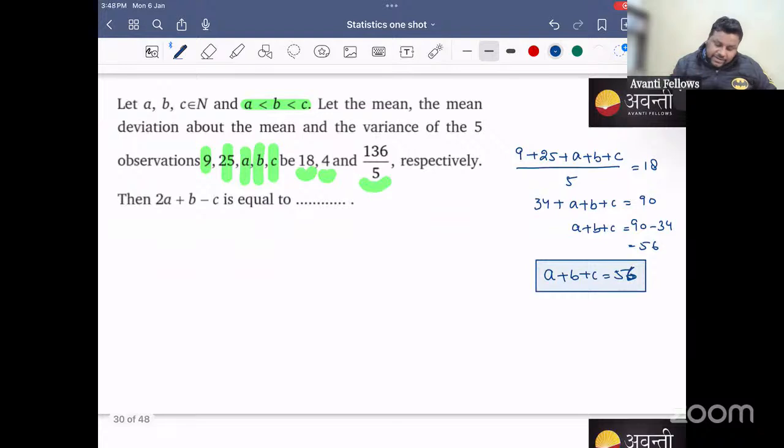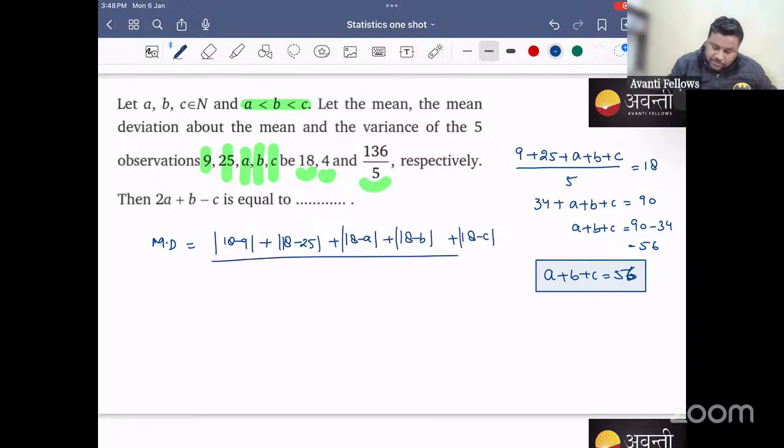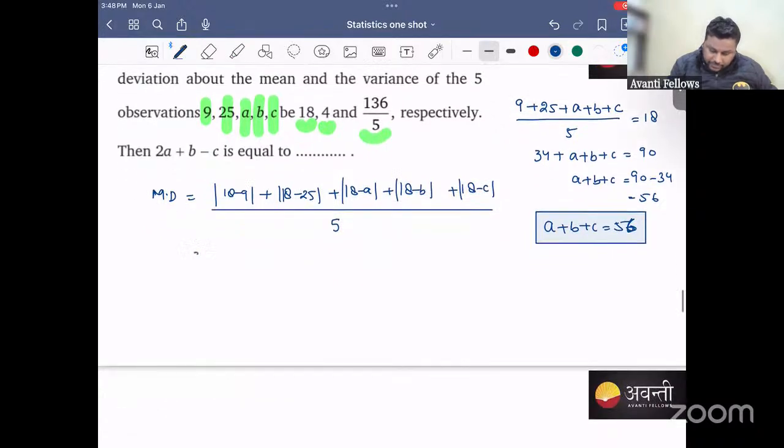Now mean deviation about the mean. Mean deviation will be magnitude, mean is 18, so that is 18 minus 9 mod, 18 minus 25 mod, 18 minus a mod, 18 minus b mod plus 18 minus c mod, whole divided by 5. Now I am not aware whether a is greater than 18 or less than 18, so we'll take it the way it is.